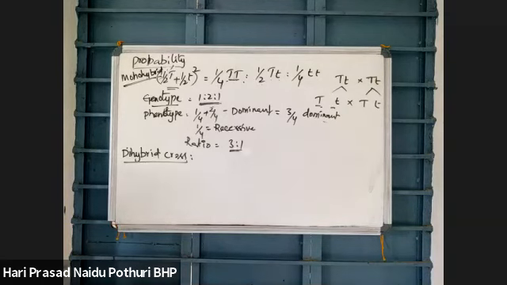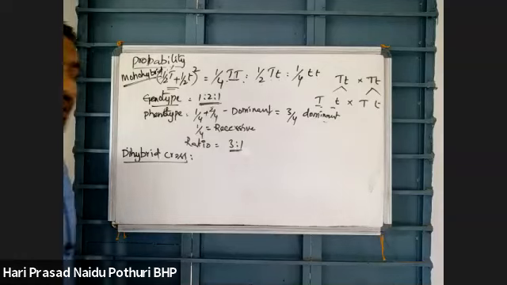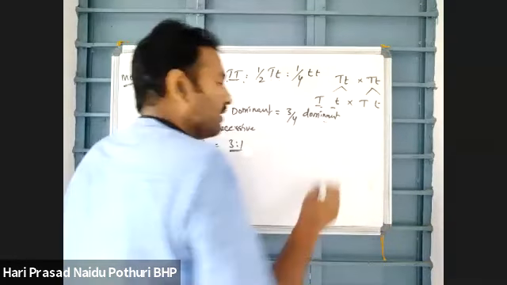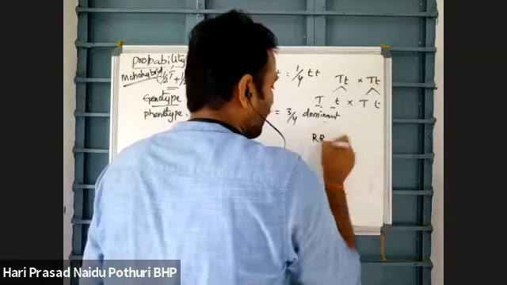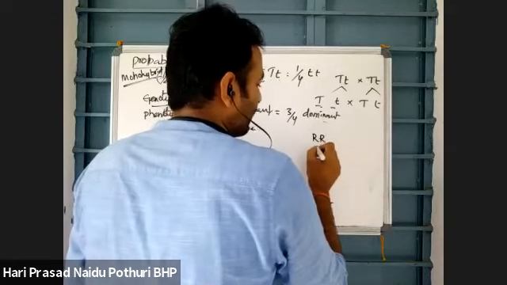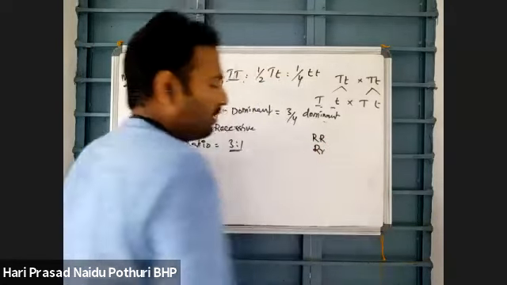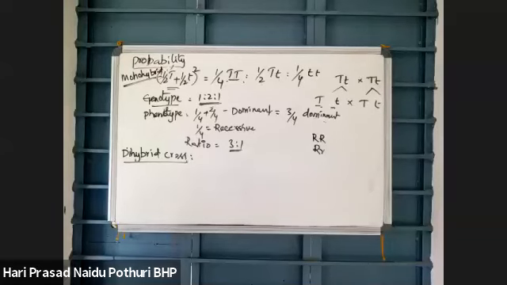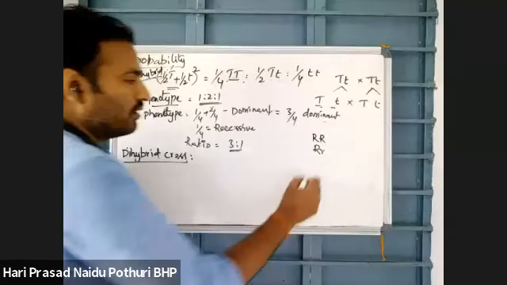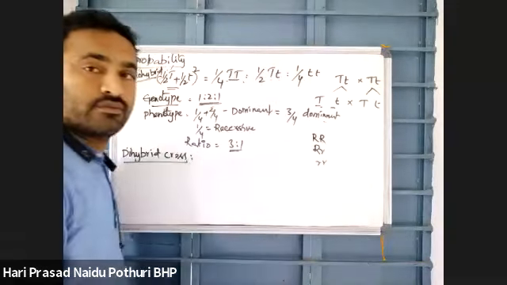And coming to dihybrid cross possibilities. Okay, here what is dihybrid cross? Capital R is one thing, capital R small r is one thing, and small r is one thing.